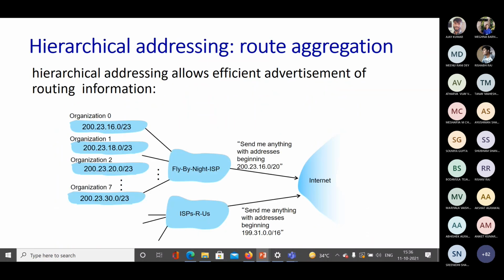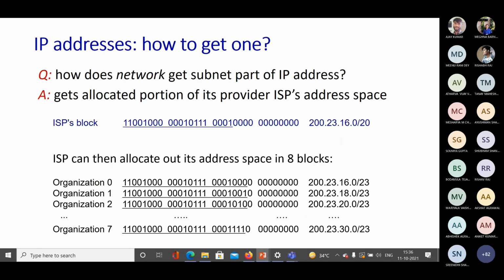Another example of addressing is hierarchical addressing, also known as route aggregation. What happens here is you divide the chunks or blocks of addresses and then give out those addresses to different organizations.